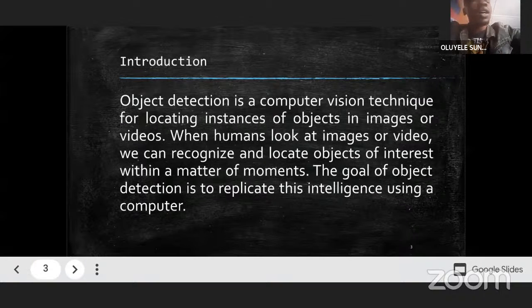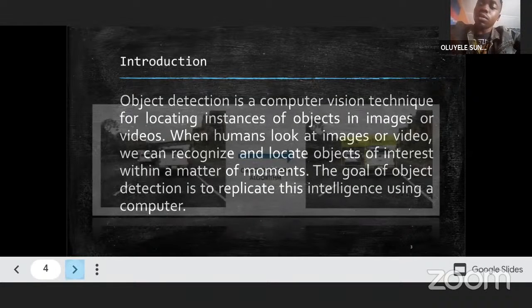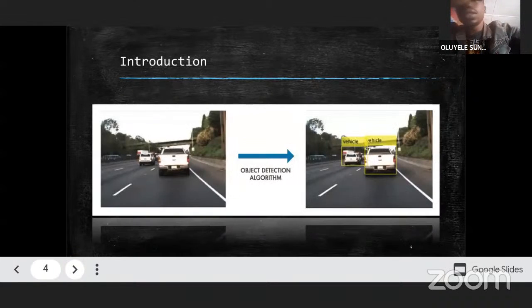And this is mostly used, when you watch movies and you see facial recognition systems, you see a particular box being drawn around the face of somebody, to show that the system actually recognized the person.